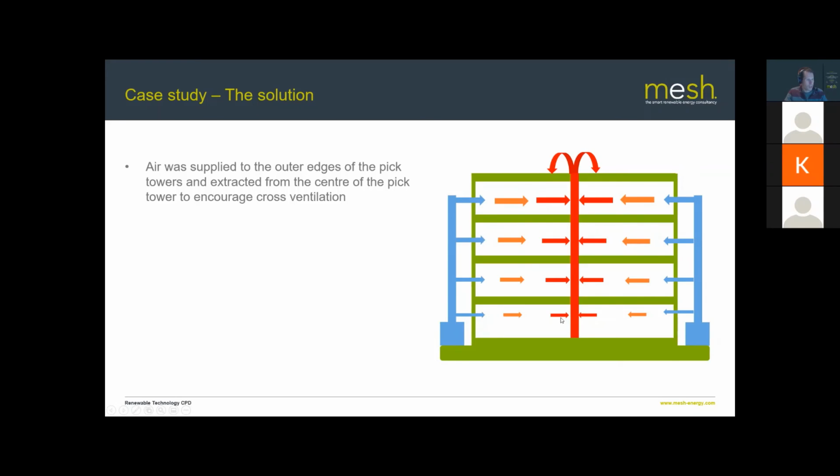As it passed through the PIC tower, it would warm up and then it would be collected through this central system and then go up and out through the roof. And there were roof fans up here, and these are obviously the evaporative coolers down here. We biased the airflow so that more air was supplied to the higher levels than to the lower levels, and that was to account for the stratification within the building.